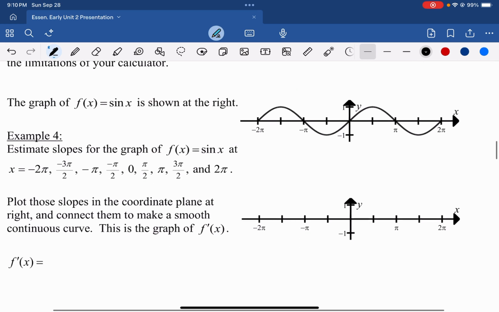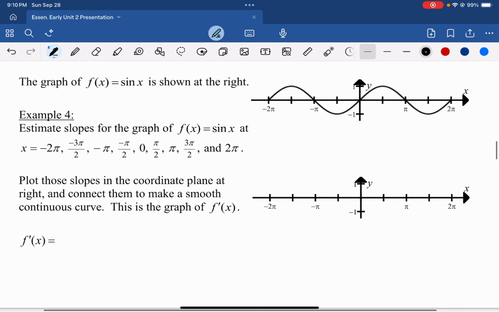Next we're going to look at the graph of sine of x, which we have right here. We want to estimate the slopes of the graph of sine of x at negative 2 pi, negative 3 pi halves, negative pi halves, 0, pi halves, pi, 3 pi halves, and 2 pi. Our first one is at negative 2 pi.